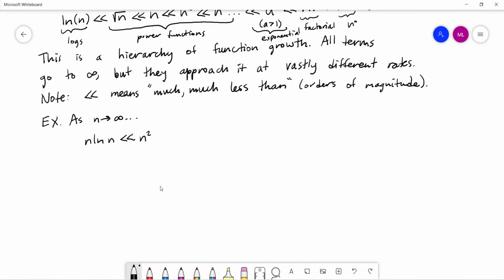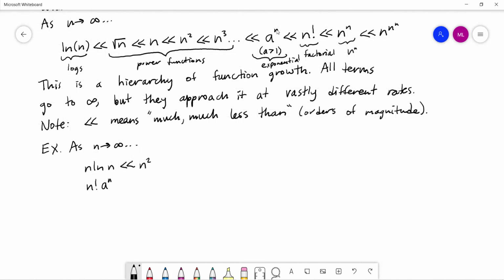What about n factorial times a to the n? So an exponential times a factorial function. I multiplied these together. How do they compare to n to the nth? Doesn't matter. These are both in smaller categories than this. Even their combination is not enough to eclipse n to the nth.